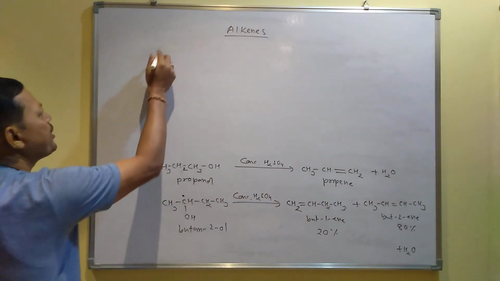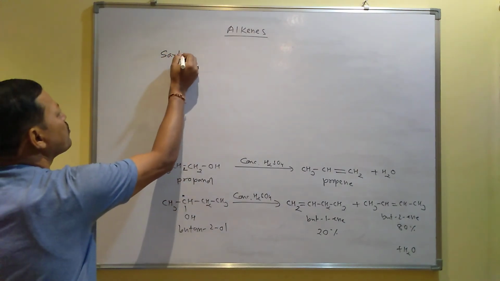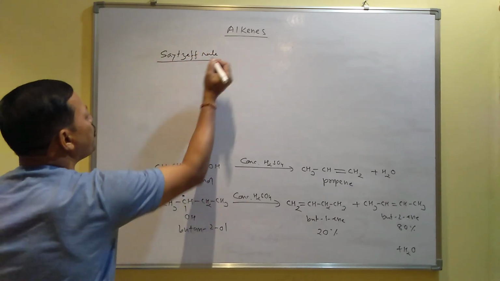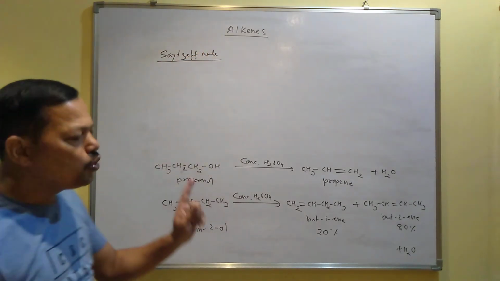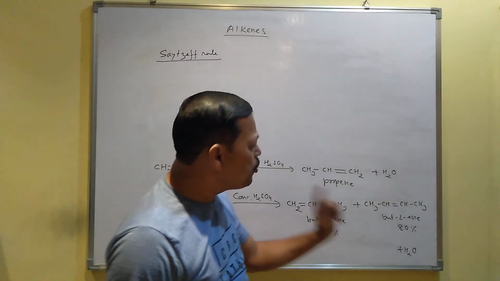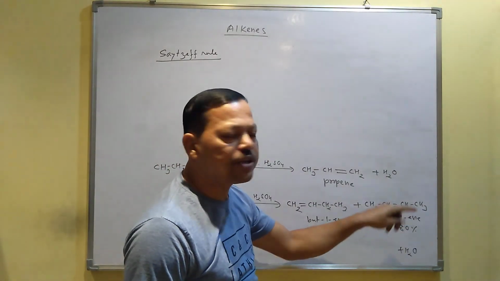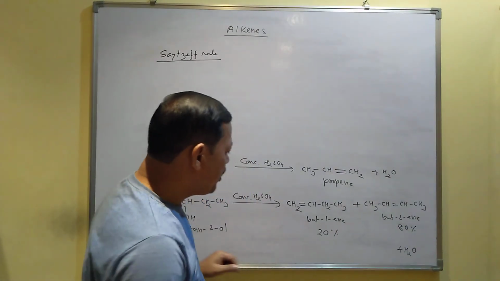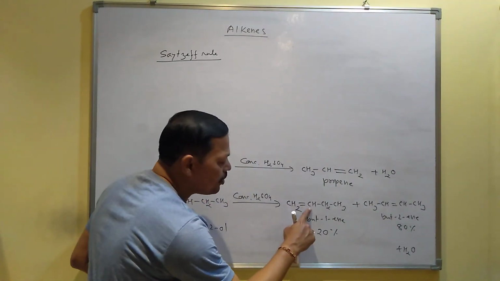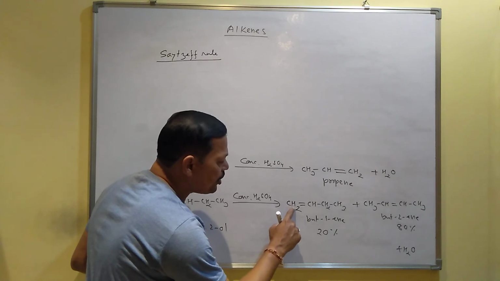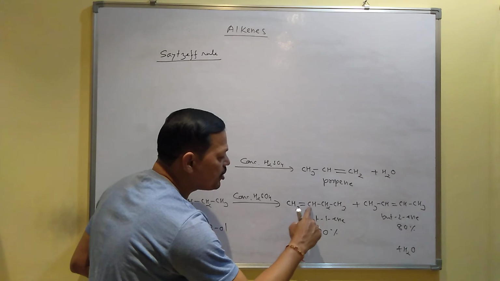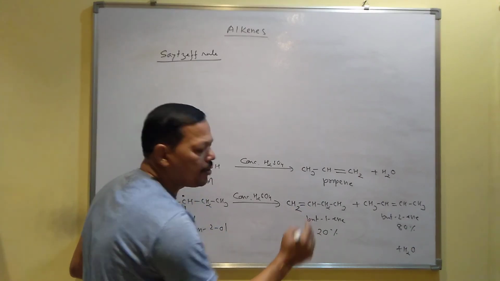So what is Saytzeff rule? This is called Saytzeff rule. According to Saytzeff rule, those alkenes in which the double-bonded carbons contain fewer hydrogens are always more stable. Here these two are double-bonded carbons. This double-bonded carbon contains 2 hydrogens and this double-bonded carbon contains 1 hydrogen. I mean there are 3 hydrogens present with the double-bonded carbons.